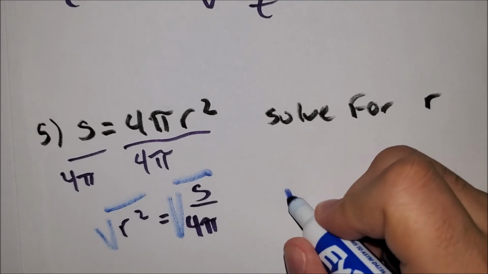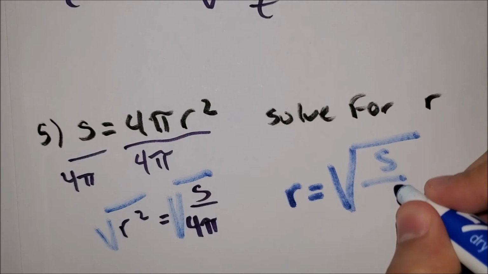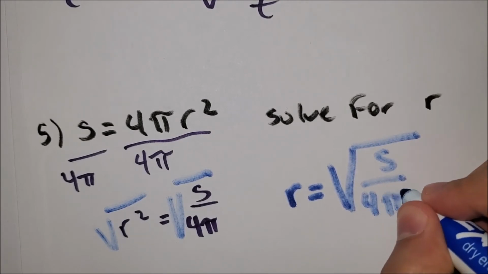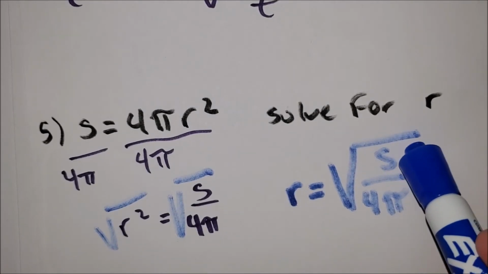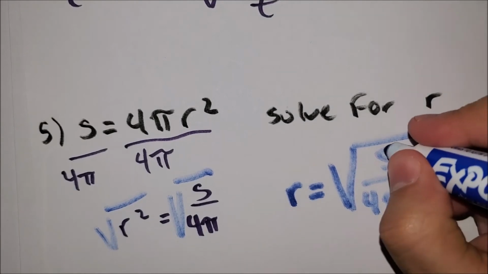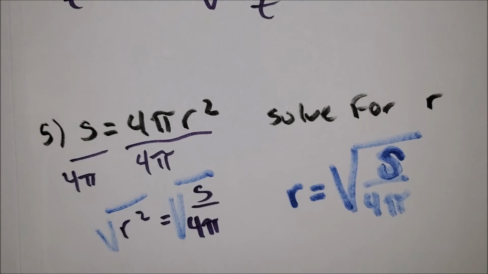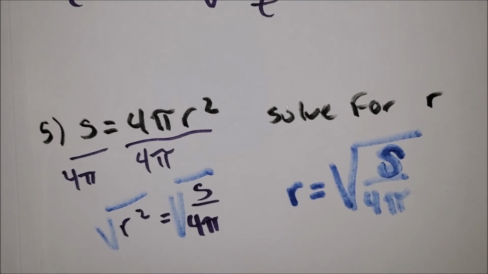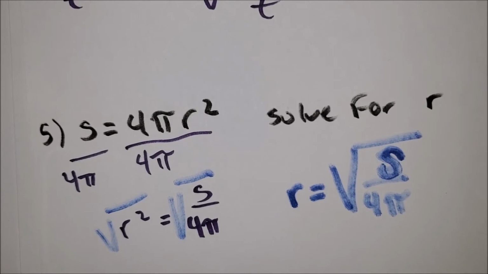When we do that, we get r equals the square root of S over 4 pi. We don't need to put in any number for pi. This is an S, not a 5. And so we end up with just r equals the square root of S over 4 pi. And if we were to know S, we could solve for r.